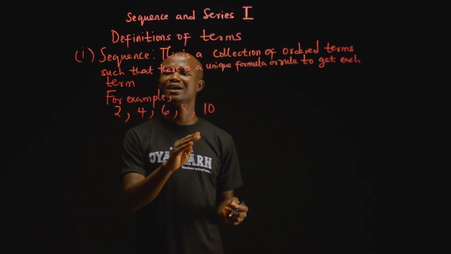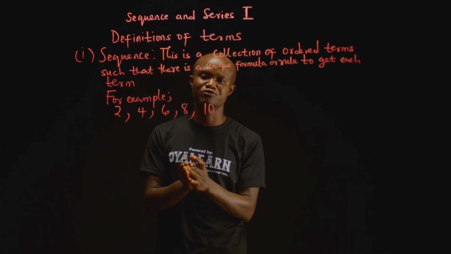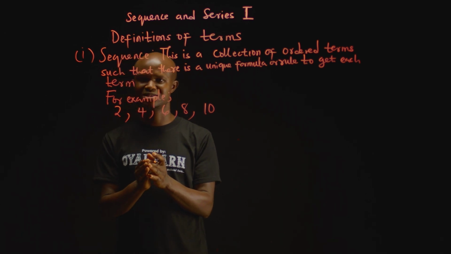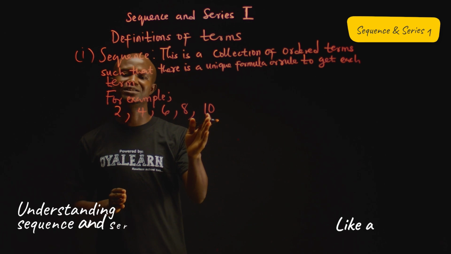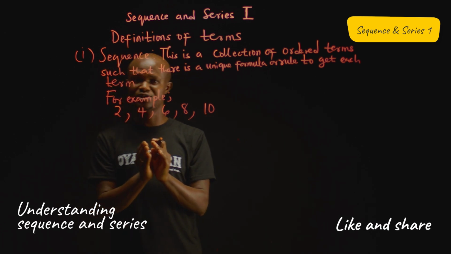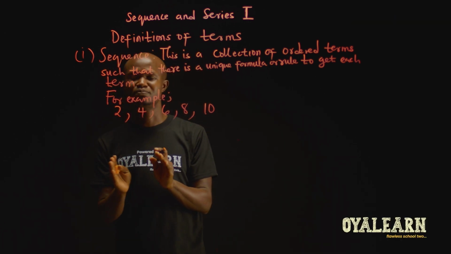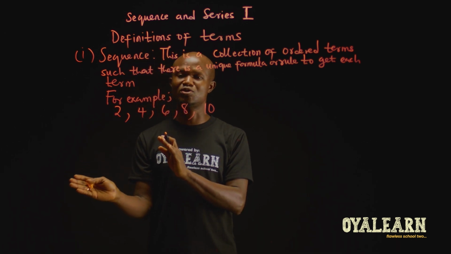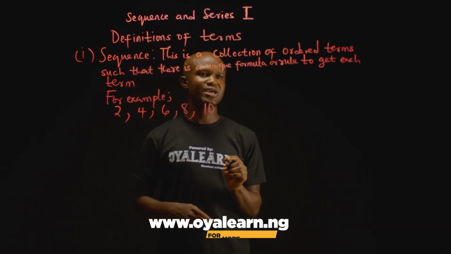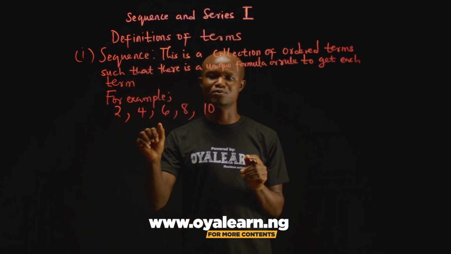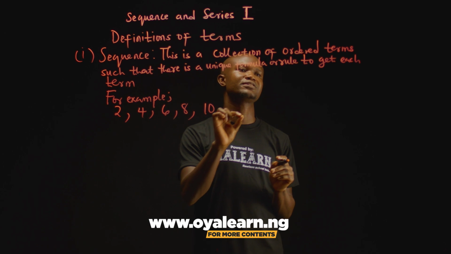We can see here that we have an arrangement of even numbers, from the lowest value 2 to 10. And there is also a common difference of 2 between consecutive terms.